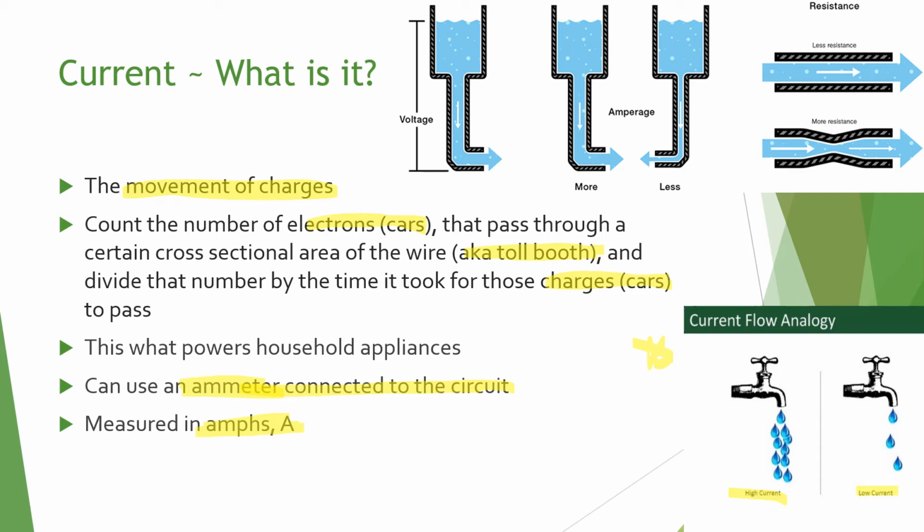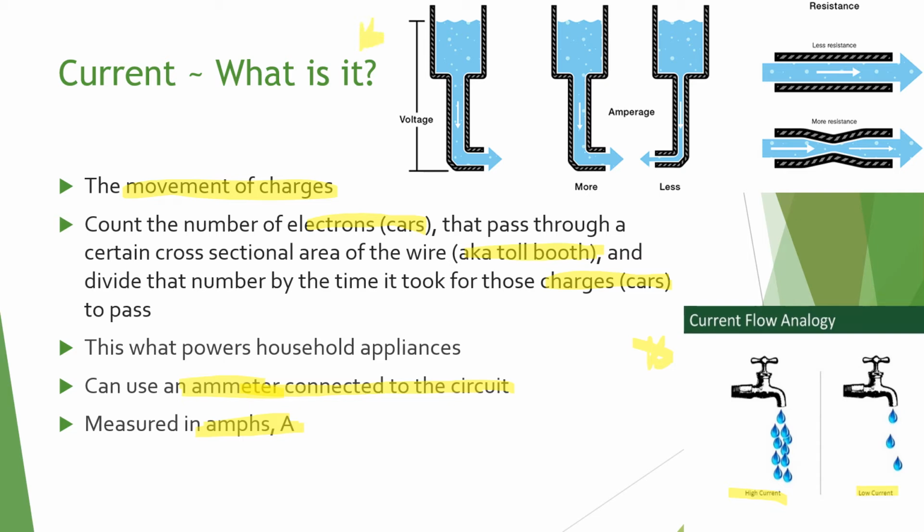We use this water analogy to say the more water flowing, the higher the current, because water is representing the charges, specifically the electrons. The less flow of electrons would be a lower current.